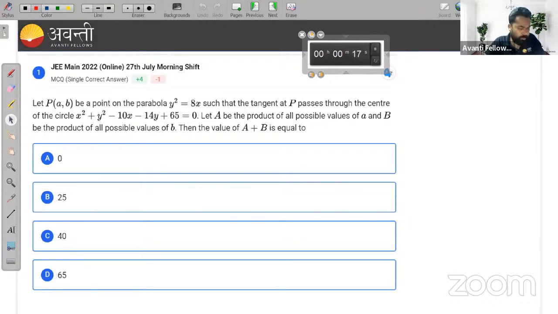Option A is correct one. Let's see what is the solution.